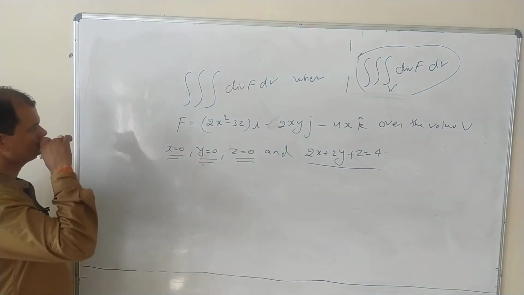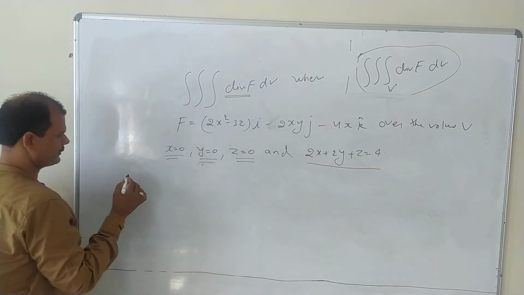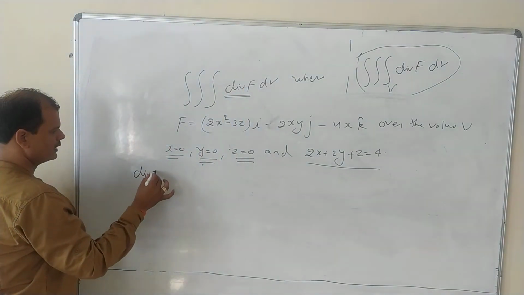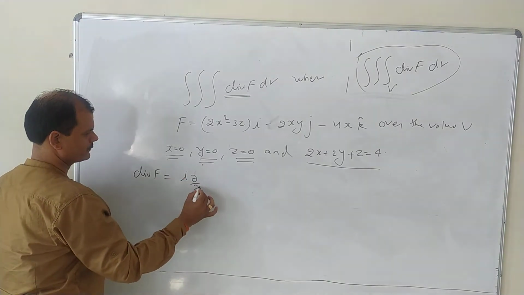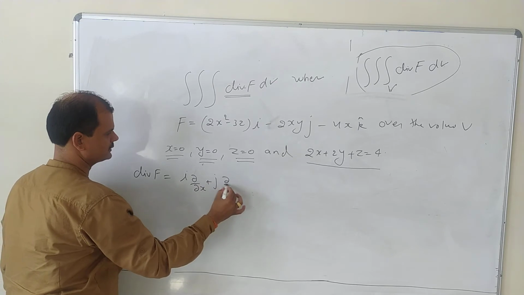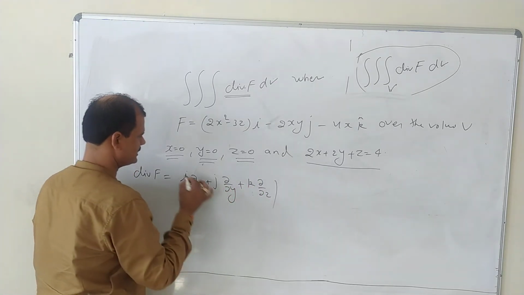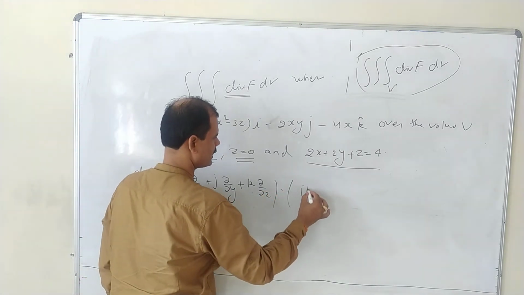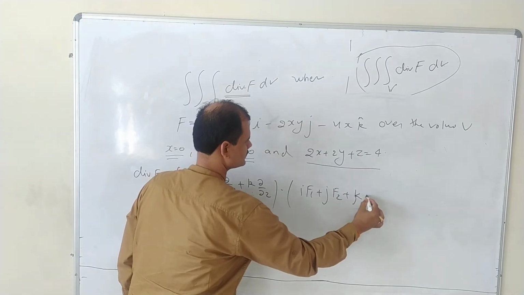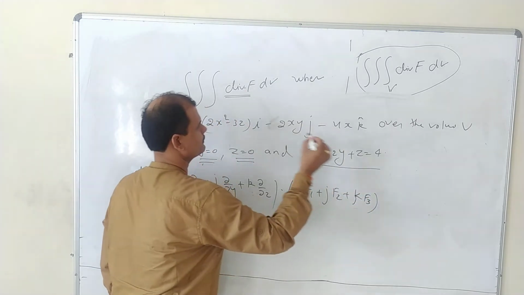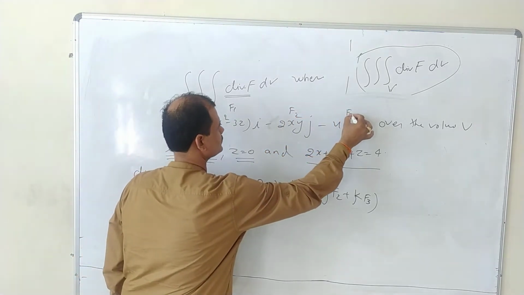Fine. First we need to find the divergence of f. So divergence of f, you know, is i del by del x plus j del by del y plus k del by del z dot i f1 plus j f2 plus k f3, where this is your f1, this is your f2, and this is your f3.